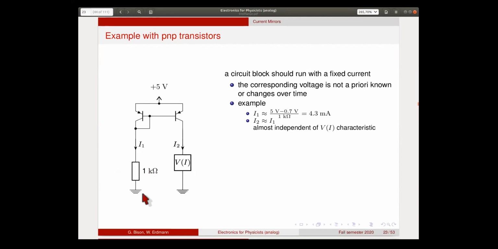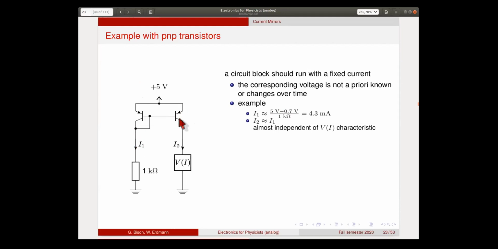So on this side, now you take a resistor that is connected to this diode connected transistor here. So this point will be always roughly 0.7 volts below the supply voltage. So the current here will be fixed and given by the resistor. So it's this 4.3 volts divided by 1 kilo ohm, for instance.